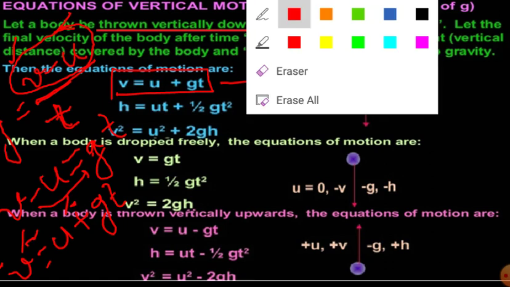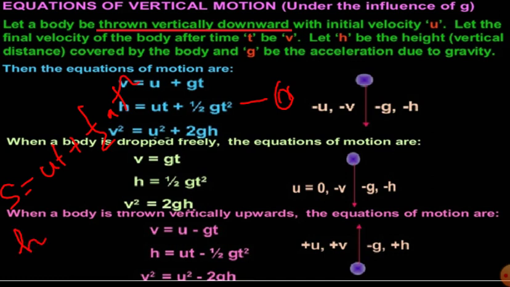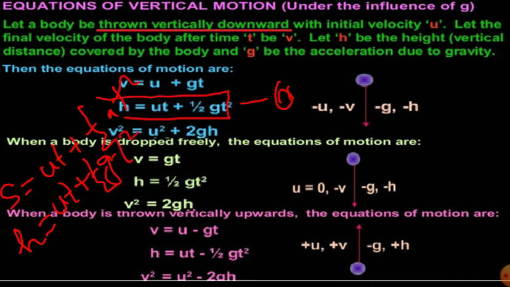In the same way, for the second equation, s is equal to ut plus half at square. Instead of s, you write h; u remains u, no doubt, plus half, and instead of a you use g, acceleration due to gravity, times t square. That is what is here in this second equation.